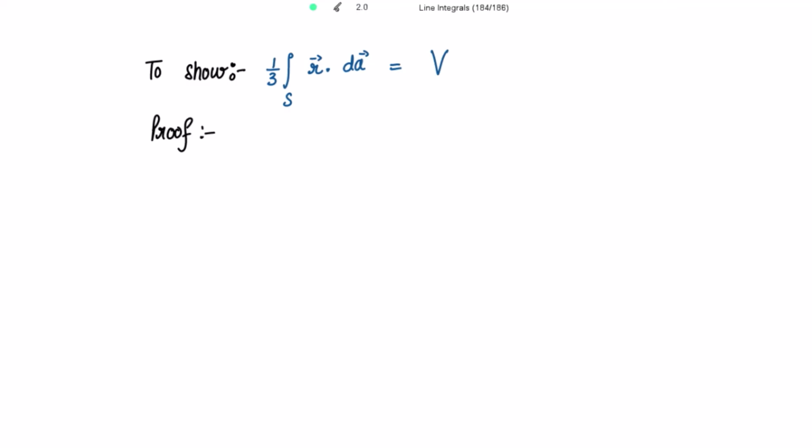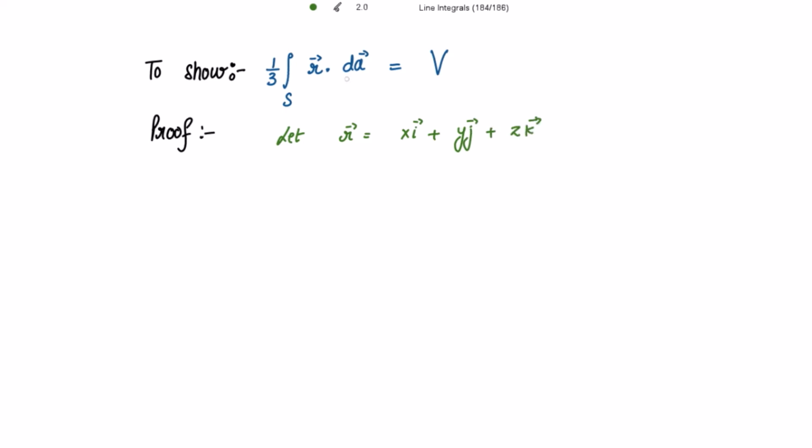We need to show that 1/3 of the surface integral of dot product of r vector with dA vector is equal to V. That is the volume enclosed by the surface S. So for this, let this r vector be equal to x i vector plus y j vector plus z k vector, right?